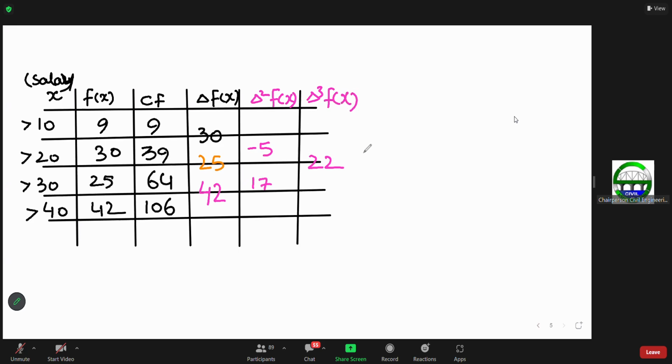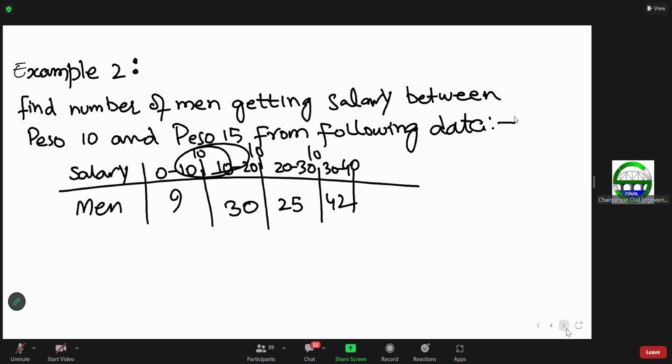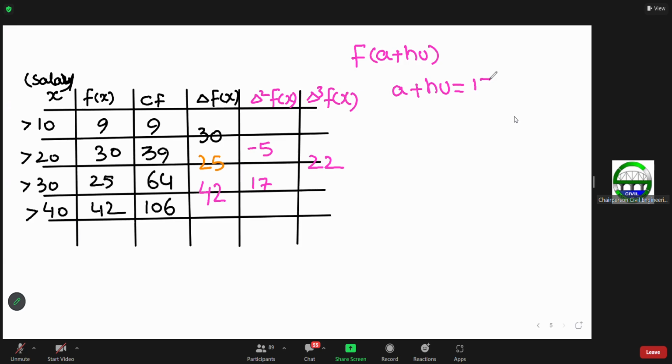Right? So in here you have to find between 10 to 15. So f of a plus hu, a plus hu should be equal to 15.